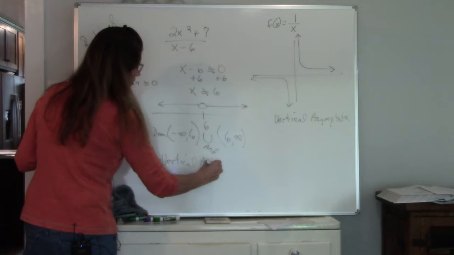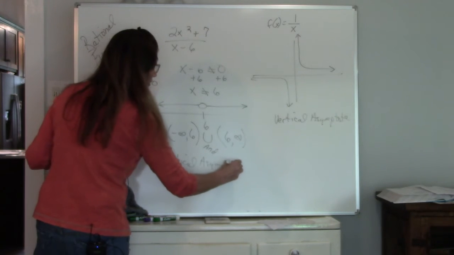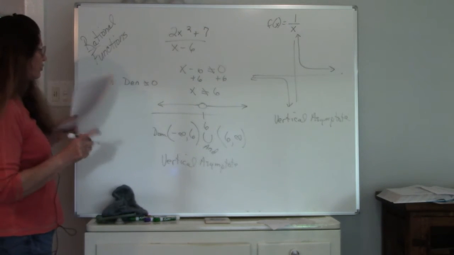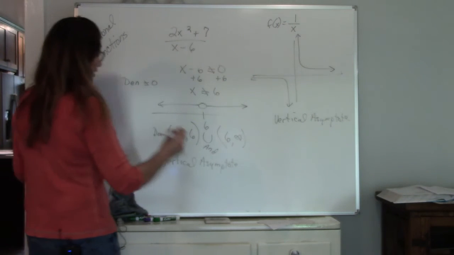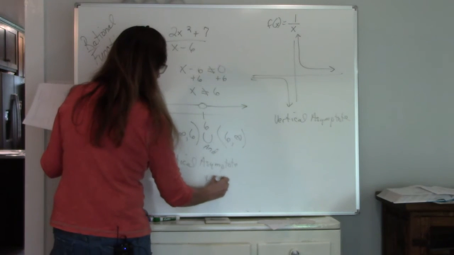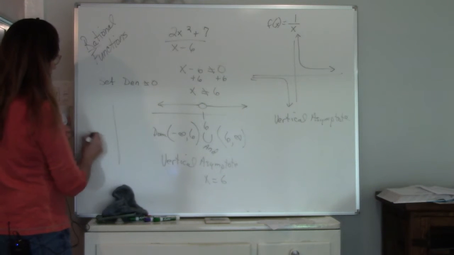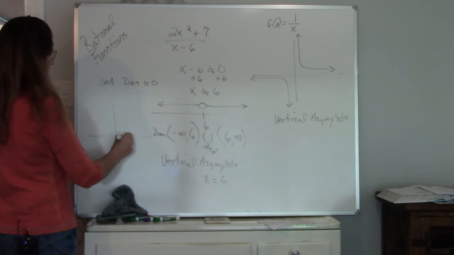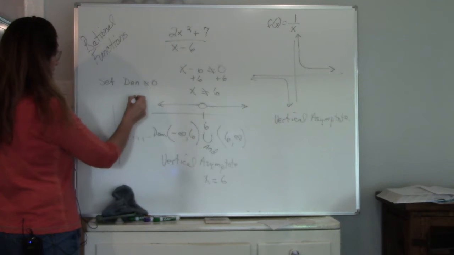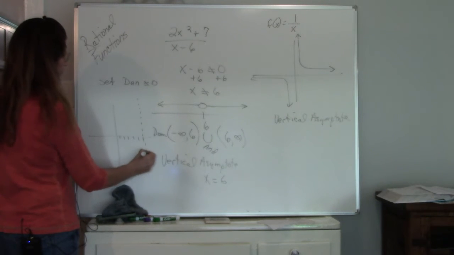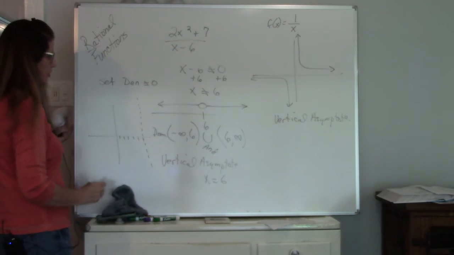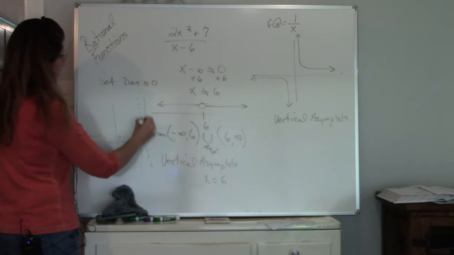So when you're looking for the vertical asymptote, what that means is you're looking for the domain restriction. So the vertical asymptote is x equals 6. If I were to graph this particular function, at x equals 6 I would have an invisible vertical asymptote, and my graph would do something like this.